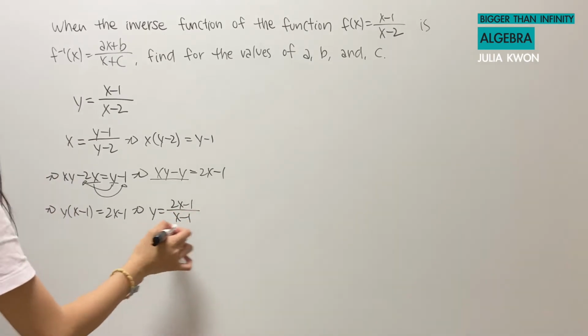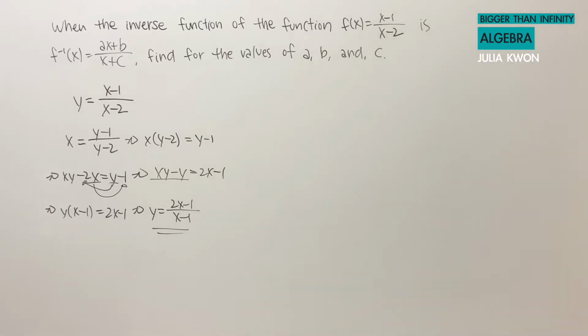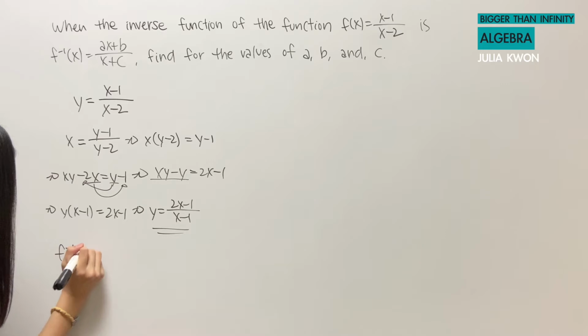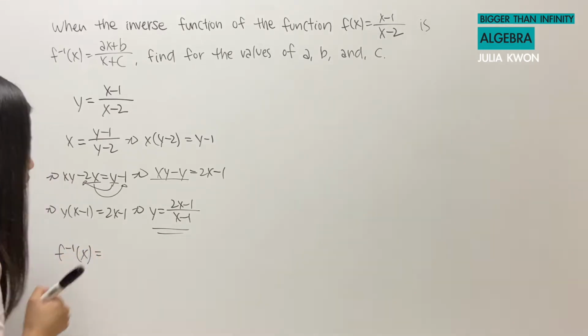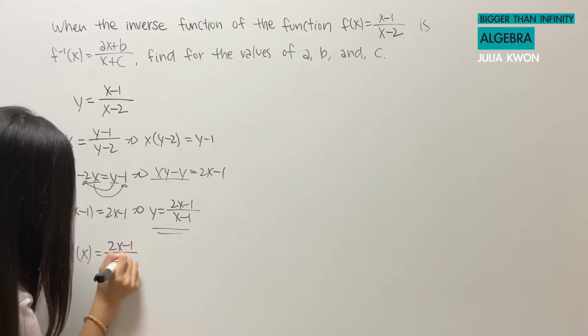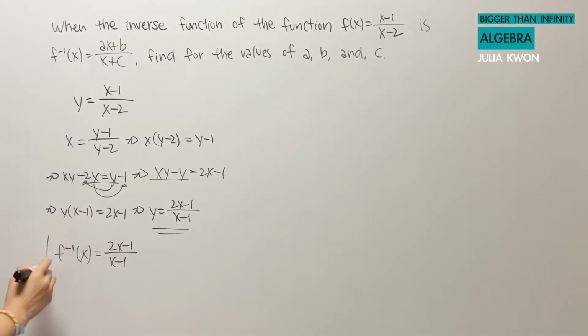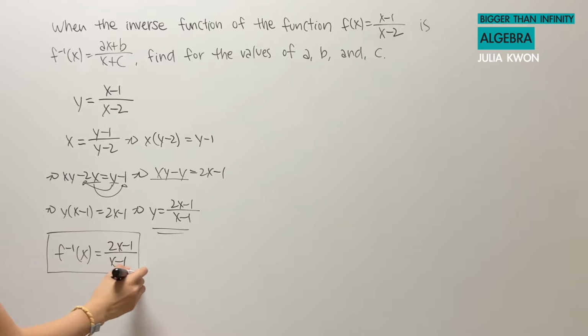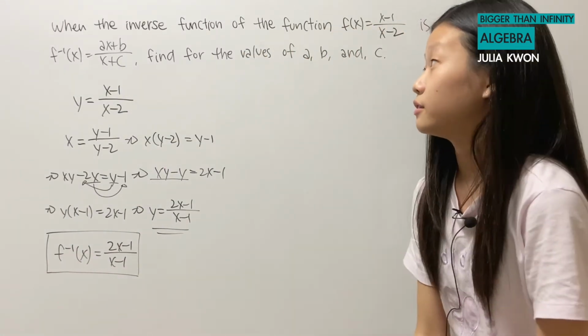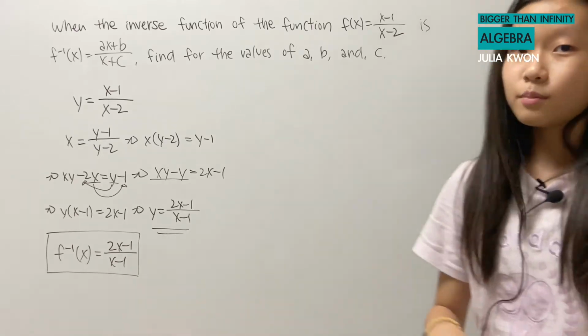So this is how you find our inverse function. The inverse function of f(x) is (2x - 1)/(x - 1). Now this is the way most people solve for inverse functions, but there is a much faster way.